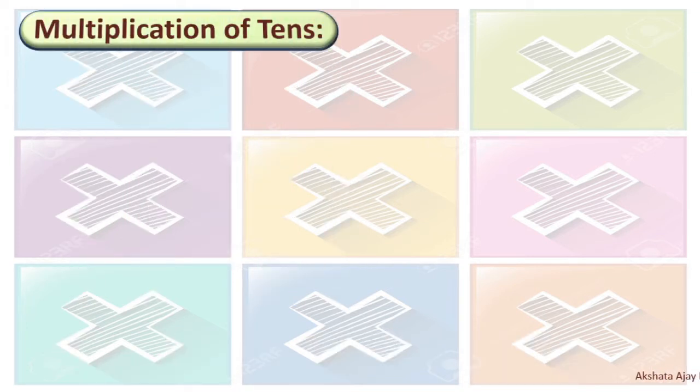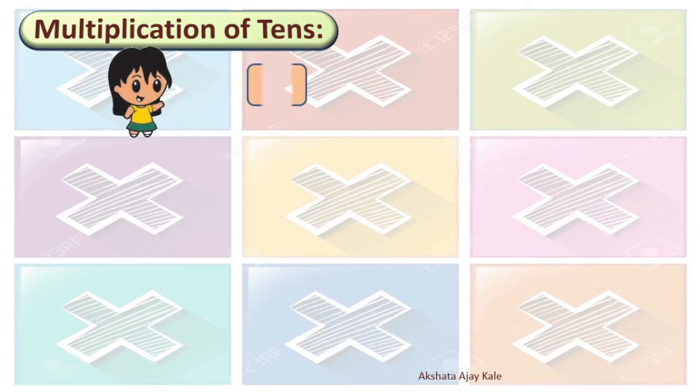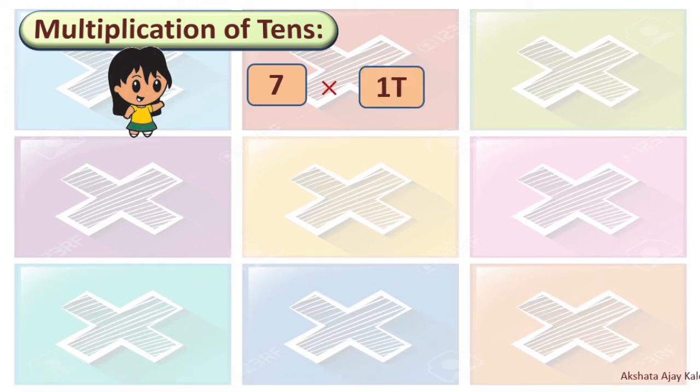See here, multiplication of tens. Okay, we will try to multiply the tens. See here, first she is Sonu. What will she tell? We will see 7 multiplied by 1 ten. Yes, what is Sonu's answer here?